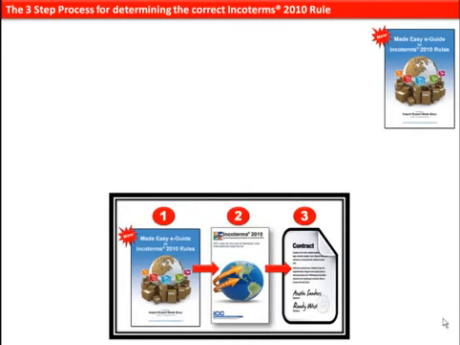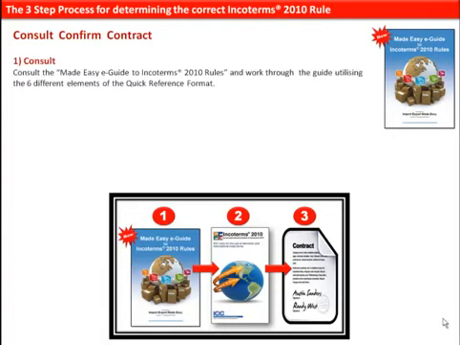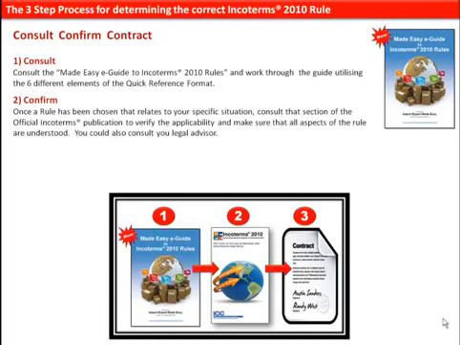Our e-guide simplifies the process of selecting the most appropriate term for your situation. We recommend the 6-step process of determining the correct Incoterms rule. Consult, confirm, contract. 1. Consult. Consult the e-guide and work through the guide utilising the 6 elements of the quick reference format. 2. Confirm.